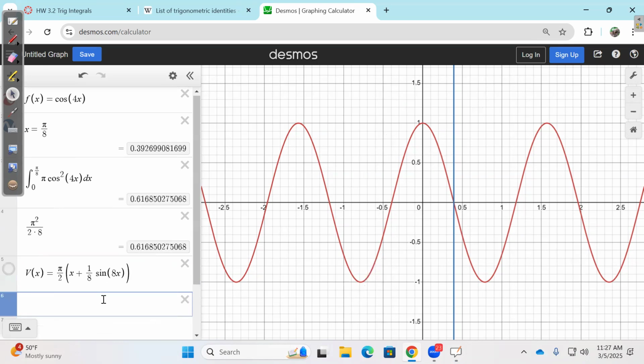And then we would just evaluate that. What is v of pi over 8? Minus v of 0. And we can see v of pi over 8 is giving us the right answer. Let's pretend we didn't know that. Just double check. Also subtract the v of 0 to be sure.